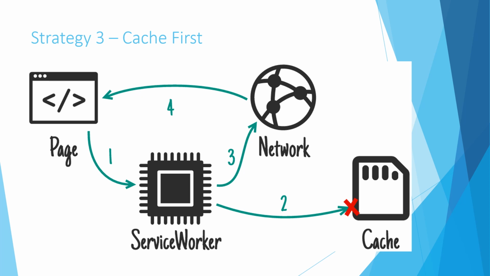If the service worker finds the response in the cache, the request will be fulfilled using the cached response and the network will not be used at all. Use this strategy where showing cached data poses no harm or there is minimal impact, for example, static images which change very rarely.